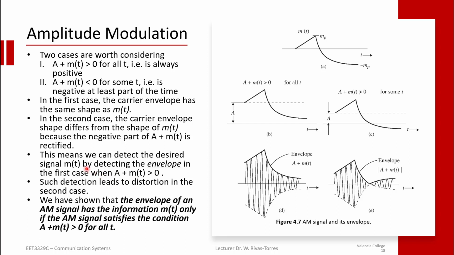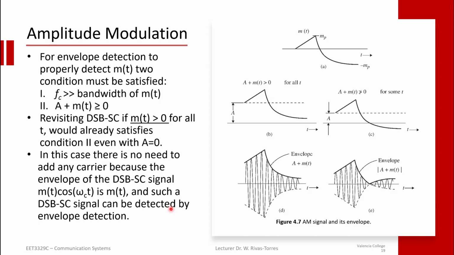That means all we have to do is detect the envelope. If we can detect the envelope of this signal, we can recuperate our message signal. So as long as A plus m(t) is greater than 0 for all t, we can recuperate our signal from the envelope of the AM modulated signal.